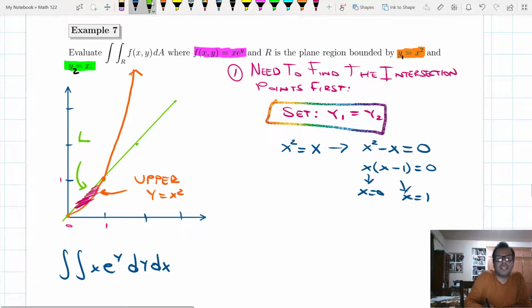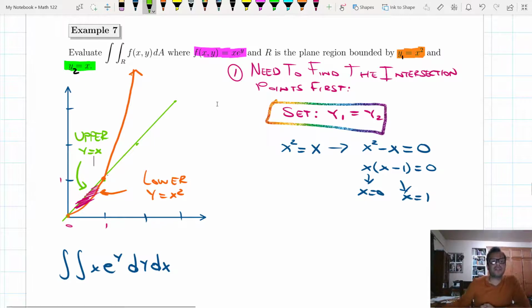I meant to say lower, not upper. Okay, my bad. This is the lower function, and the straight line, which is the upper, is y equals x.